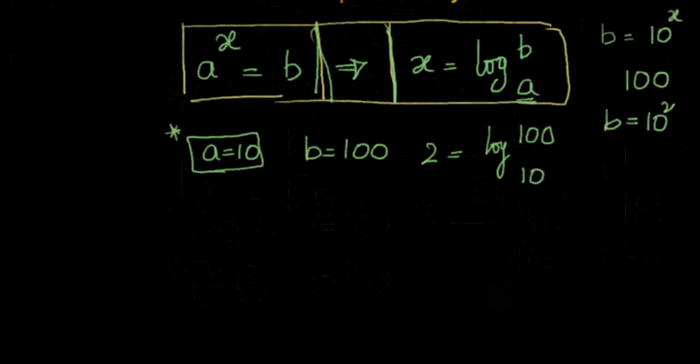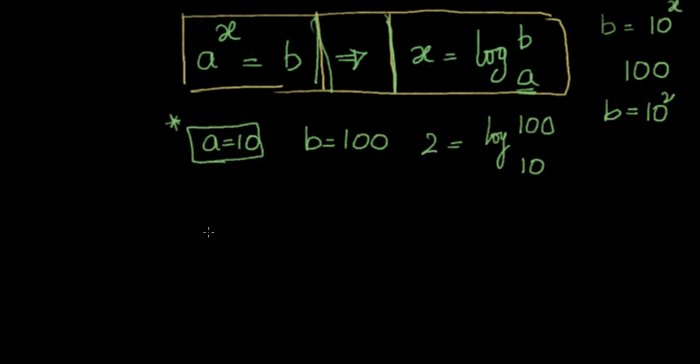Let's take one other example. Let us say you want to find the logarithm of 1000. By default, if nothing is given, the base is always 10.